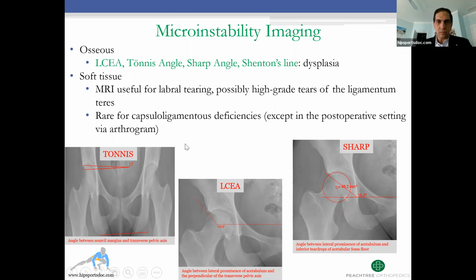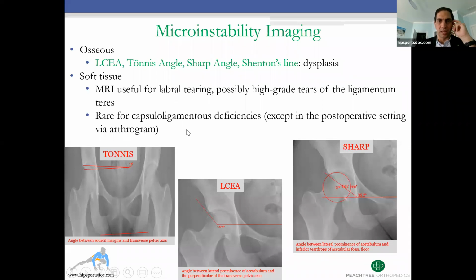Basic measurements that we know for dysplasia: Tönnis angle, lateral center edge angle. There's also a Sharp's angle noted here, and the anterior center edge angle, which is noted on a false profile view, is also helpful. Soft tissue MRI imaging can potentially show high-grade tears of the ligamentum teres.